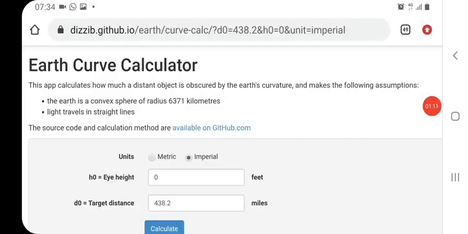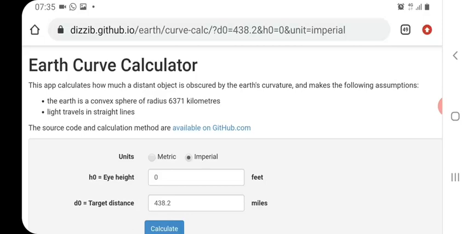Now with my figure of 438.2 miles, I've now gone to the Earth curve calculator, where I've put that in as the target distance, i.e. the horizon being 438.2 miles away from Felix. You'll notice I put in eye height 0. I want to know how much the ground, according to the globe maths, curves downwards away from Felix based on 2 points of reference. One, the ground below Felix, and two, the horizon Felix is seeing, 438 miles away.